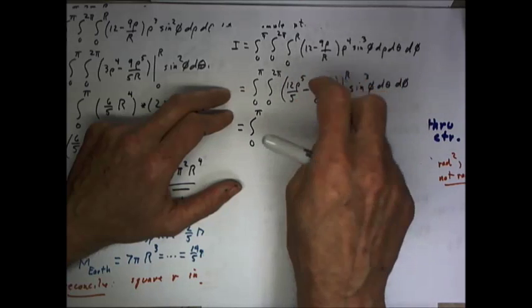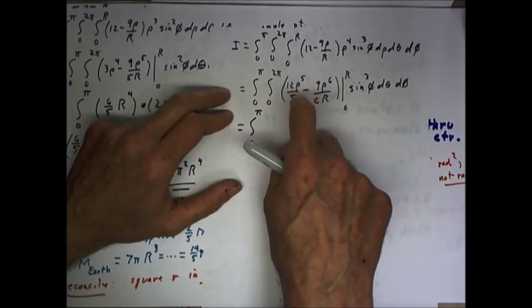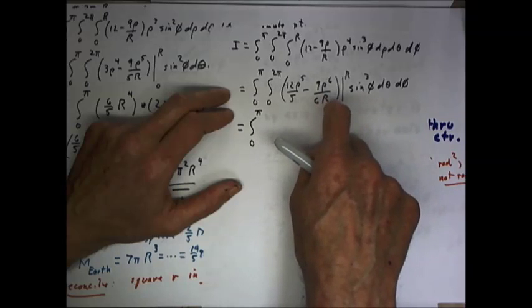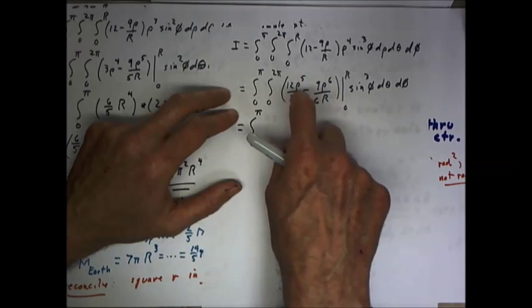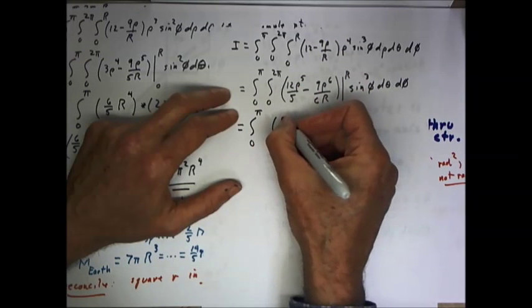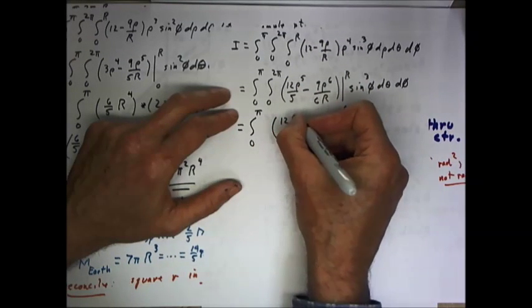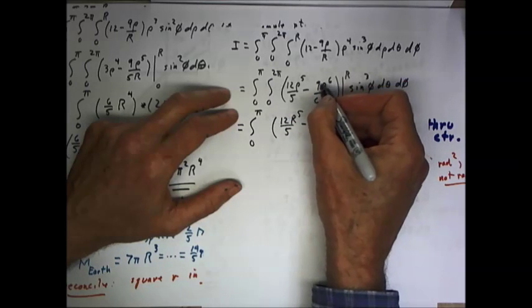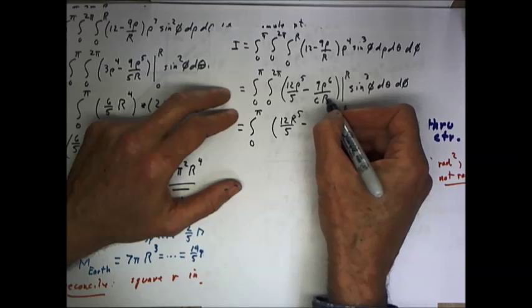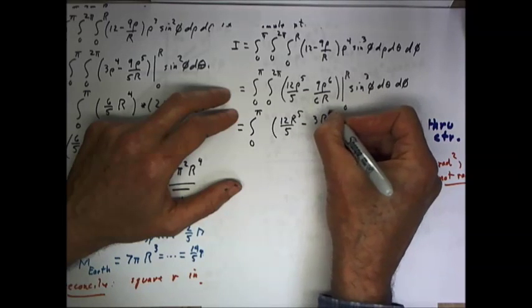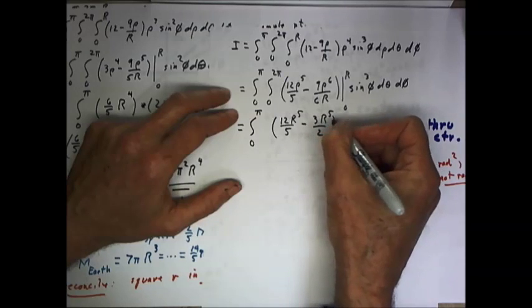This expression comes out 12 r to the fifth, not rho to the fifth, giving us 12 r to the fifth over 5, and then 9 r to the sixth over 6 r is going to be 3 r to the fifth over 2.